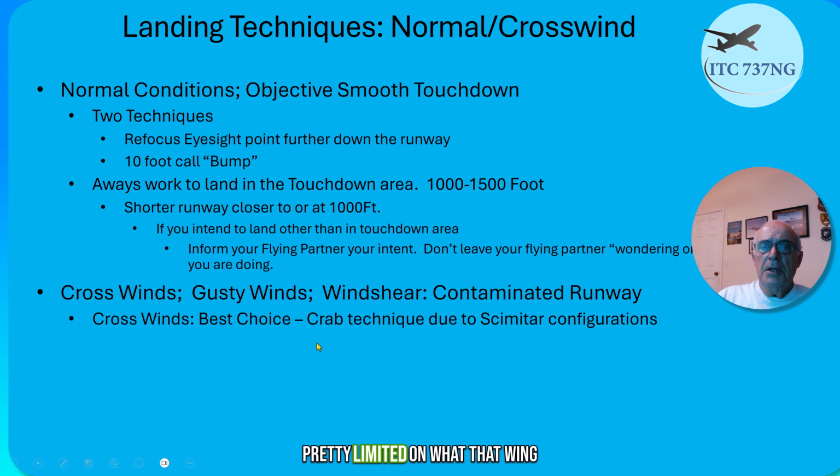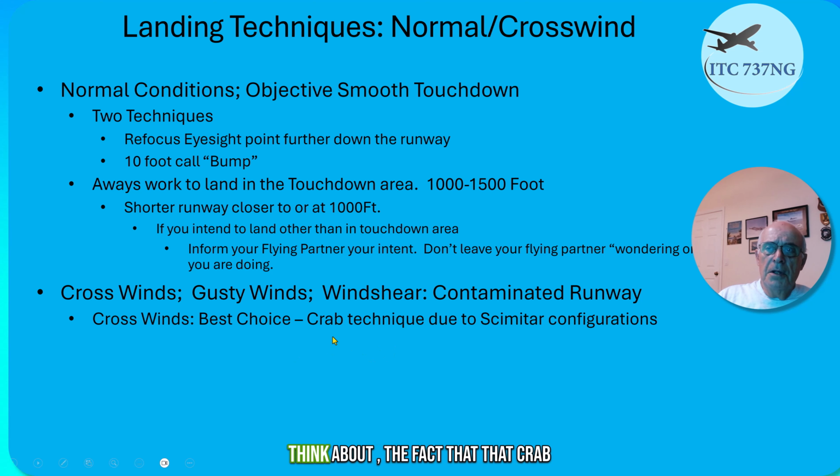And that gets pretty limited on how low that wing can be before you do some damage to it. So I would really encourage you to think about the fact that the crab technique is a better technique to preclude that.